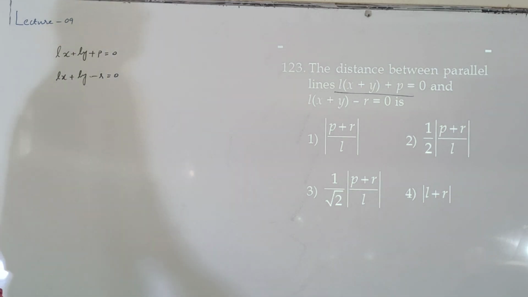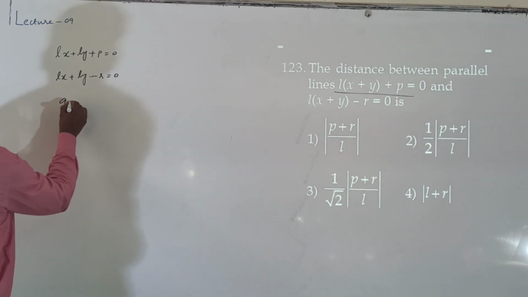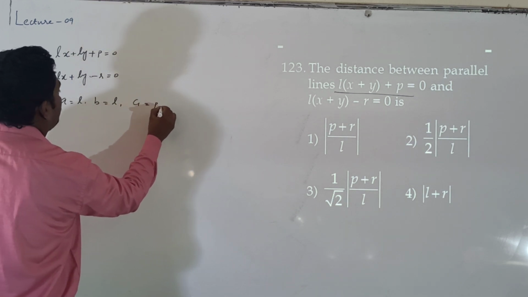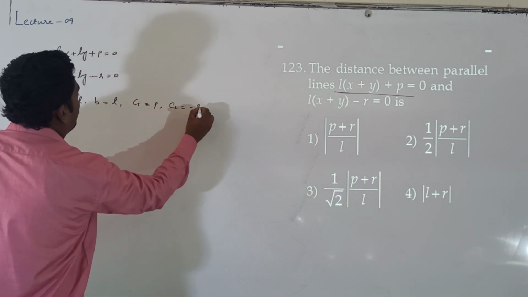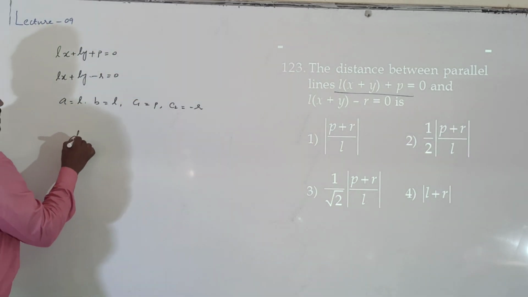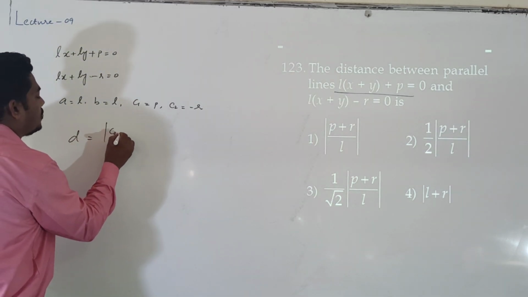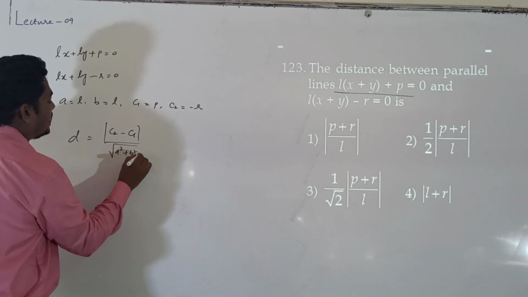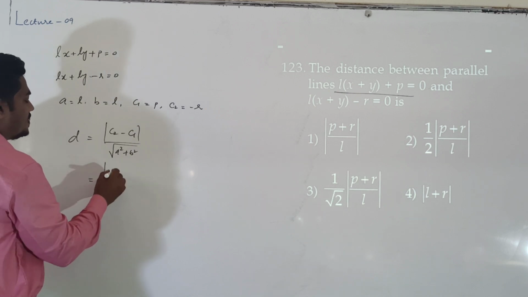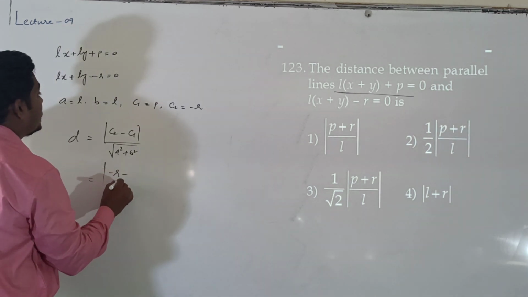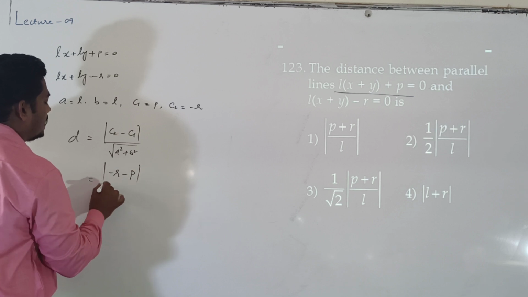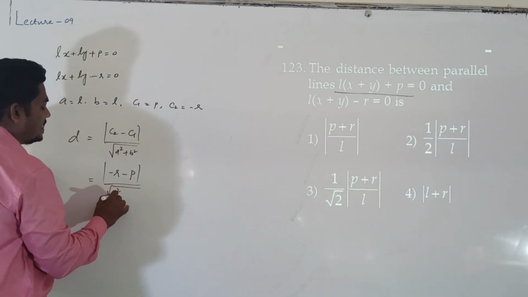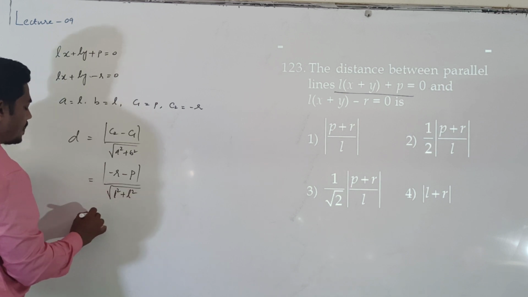Clearly these two lines are parallel. In this case the a value is l, the b value is also l, and c1 is equal to p and c2 is equal to minus r. The distance between two parallel lines is modulus of c2 minus c1 divided by square root of a square plus b square, right? That's equal to modulus of minus r minus p divided by square root of a square plus b square, that is l square plus l square.